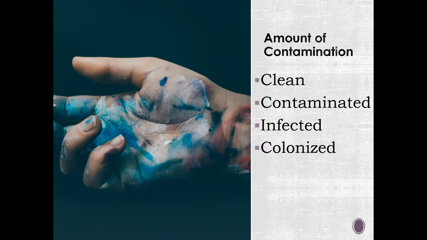This would be considered a clean wound. A clean contaminated wound is similar to a clean wound, but because the surgery involves an organ system that is known to contain bacteria, the risk for infection is greater.